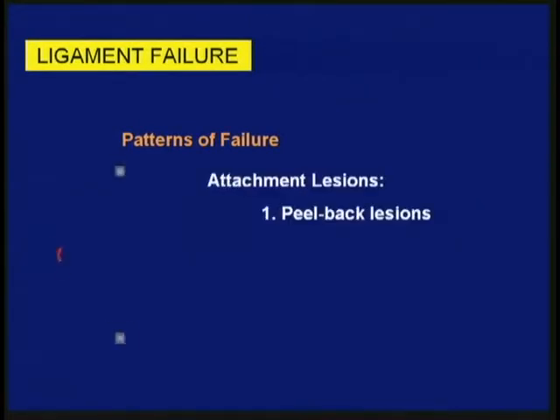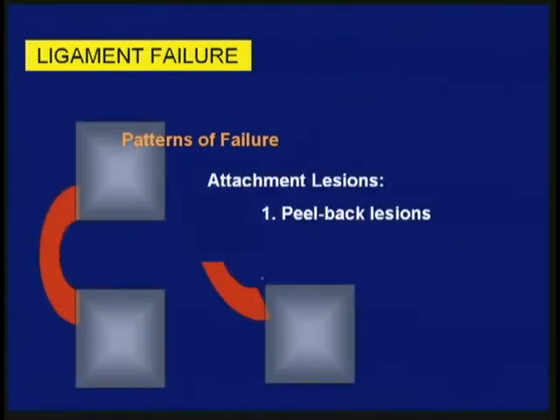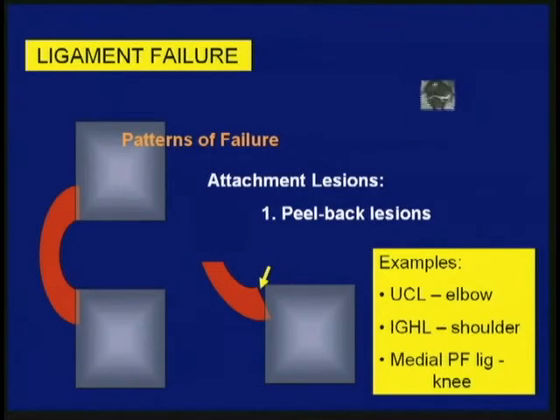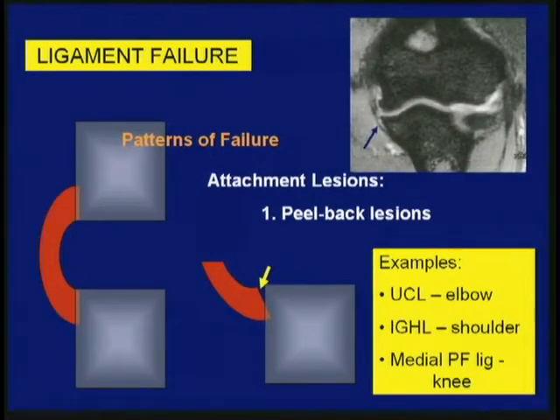There are three patterns of failure that occur where a ligament attaches to bone. The first of these I made reference to earlier in this course when I told you that thick ligaments or layered ligaments may fail through their deep fibers, which will detach from the bony margin. We see this about the elbow, and that is an example, like the one I showed you yesterday, of an anterior bundle of the medial collateral ligament peeled away from the sublime tubercle.